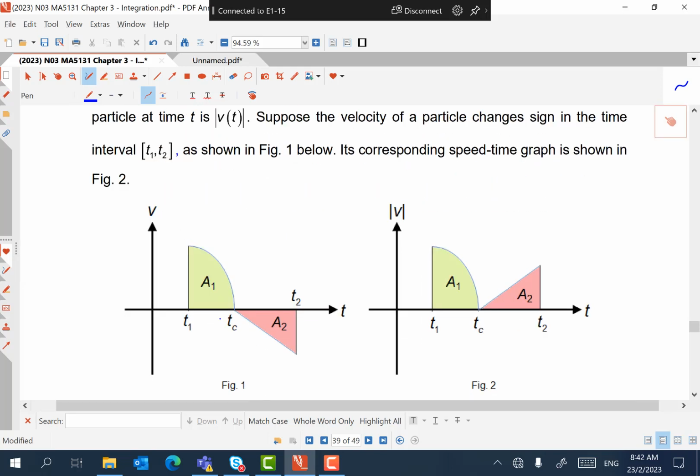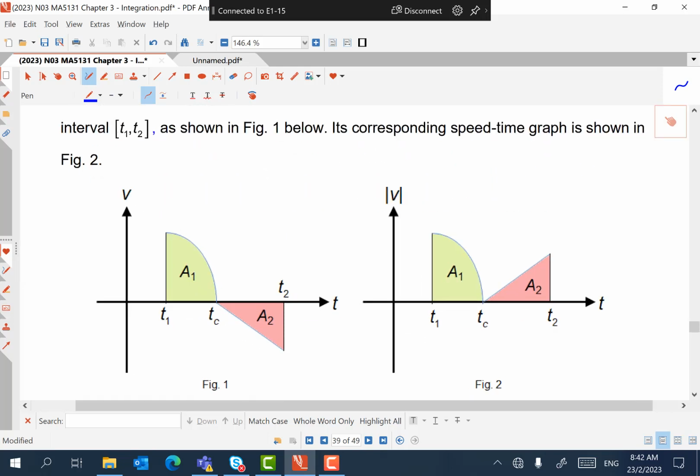The left hand graph tells you something about velocity, and we already know by now that if you were to integrate from T1 to T2 of your VT graph here, what you will get is actually the change in displacement over the duration from T1 to T2. You do not get the distance traveled.